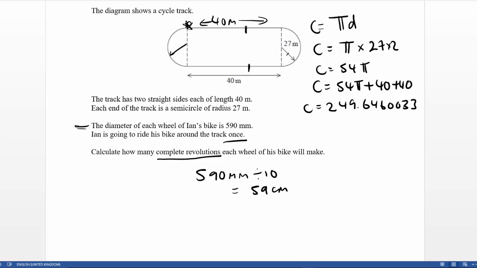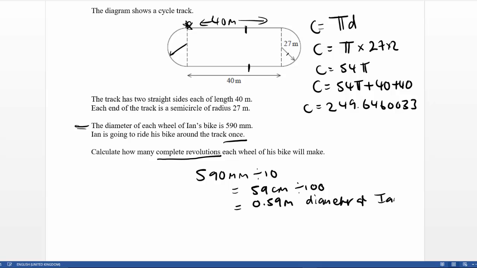And if I divide this by 100, that's going to give me 0.59 meters.